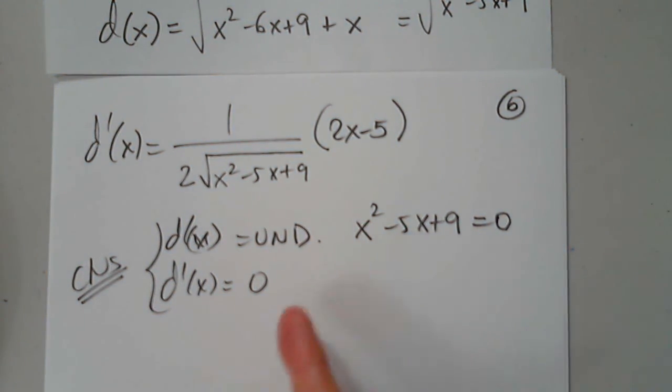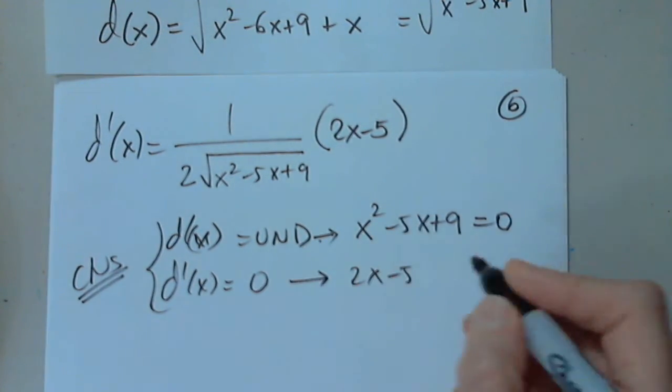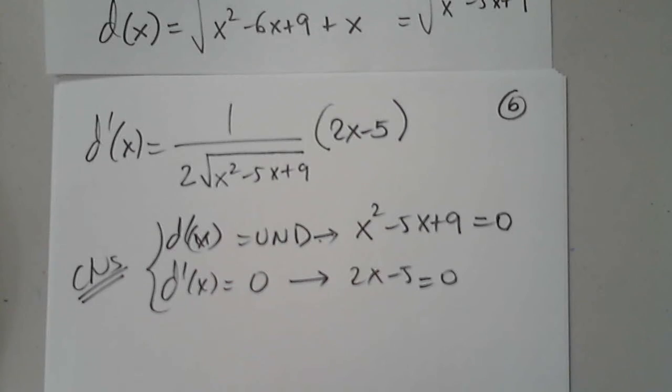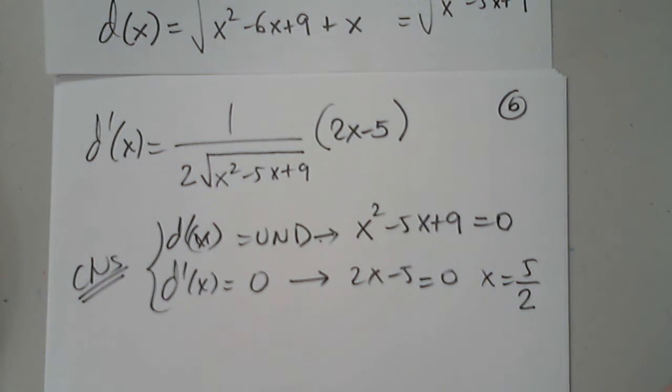For d prime to be 0, it means 2x minus 5 must be 0. So this would be 5/2. And this, b squared minus 4ac, will be negative, so it's always positive. It will never be 0.